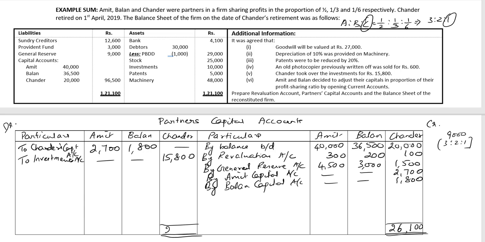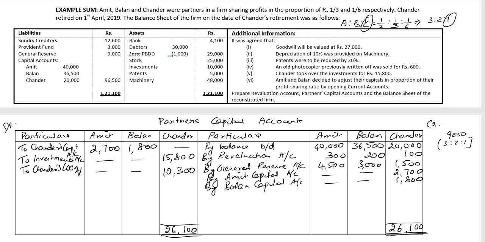The greater total is 26,100, and the balance will be transferred to Chandar's loan account. Just 26,100 minus 15,800 comes up to rupees 10,300.